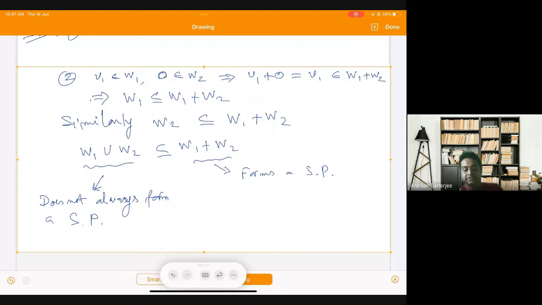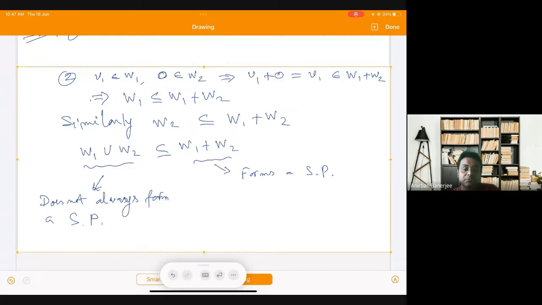We know when it forms a subspace. But let's say in the general case that W1 intersection W2 is not empty. In that case, W1 union W2 will not form a subspace, and W1 union W2 will be a subset of W1 plus W2.